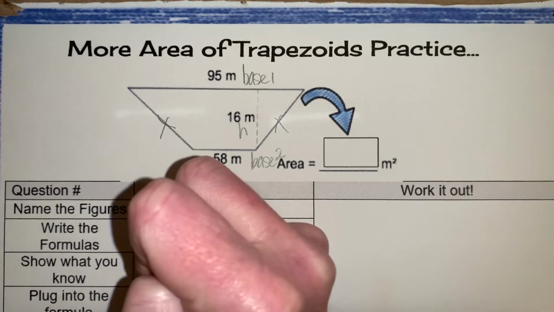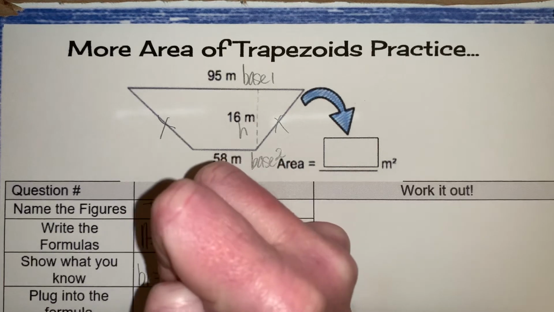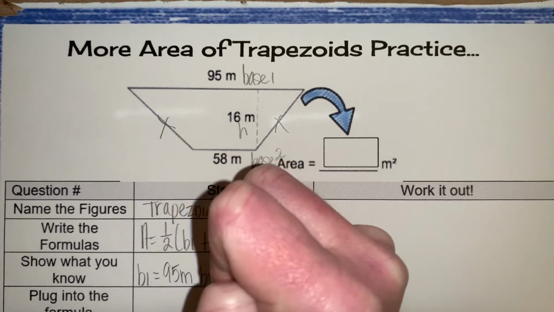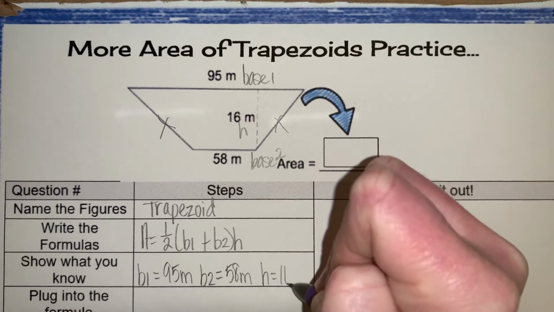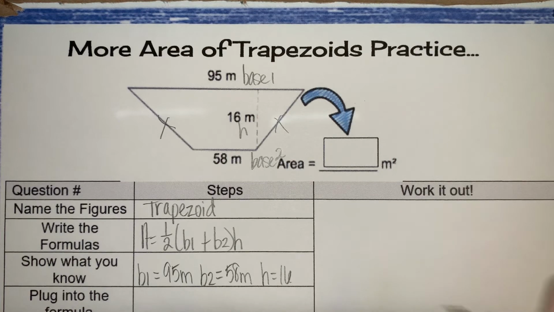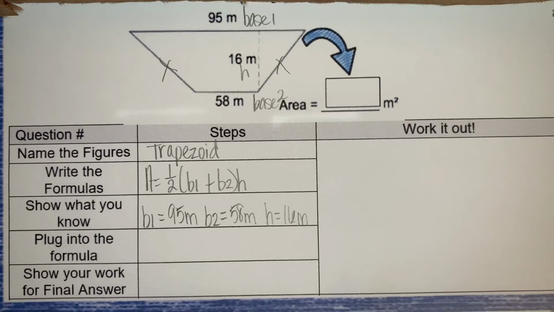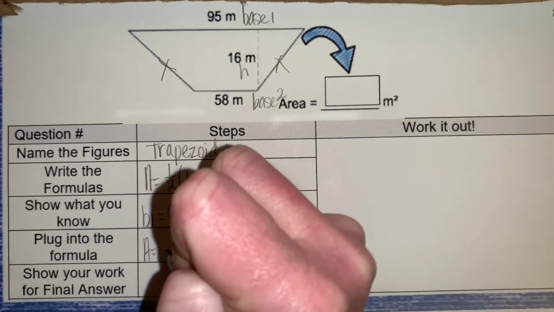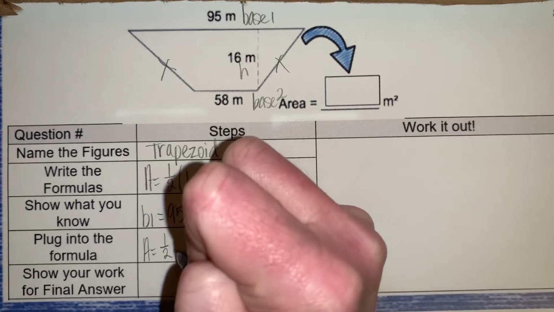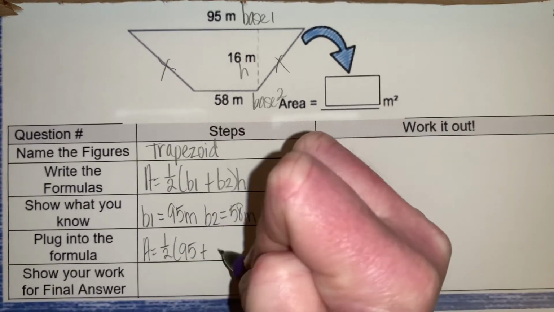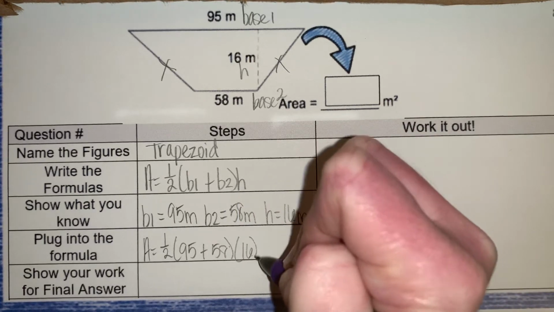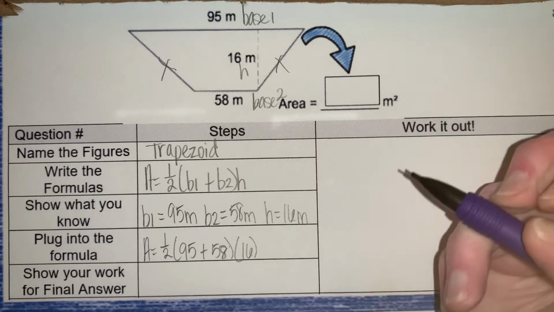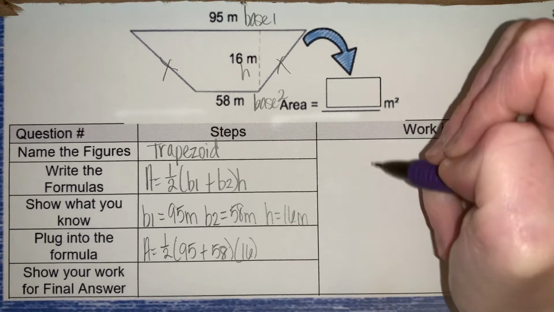So we have B1 is 95, B2 is 58, height is 16. I'm going to plug those numbers into the formula. Half times 95 plus 58 times 16. Let's work it out.